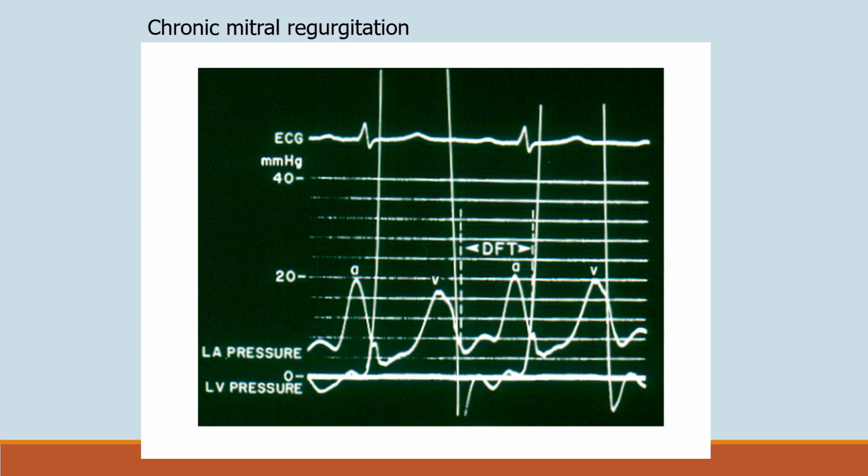After the QRS, you enter systole, where supposedly the mitral valve is closed, and the V wave that we see here is simply due to passive filling of the atrium from the pulmonary venous return. I think this rings a bell with you.